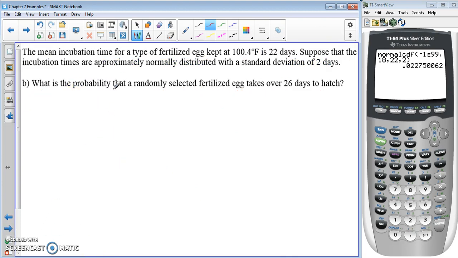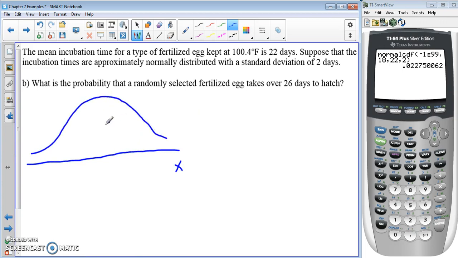Next example, we want to know the probability that a randomly selected fertilized egg takes over 26 days to hatch. So let's draw our picture here. It doesn't have to be exact. And we want over 26.